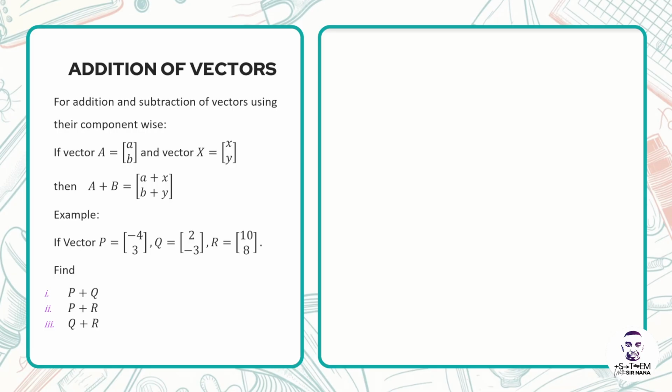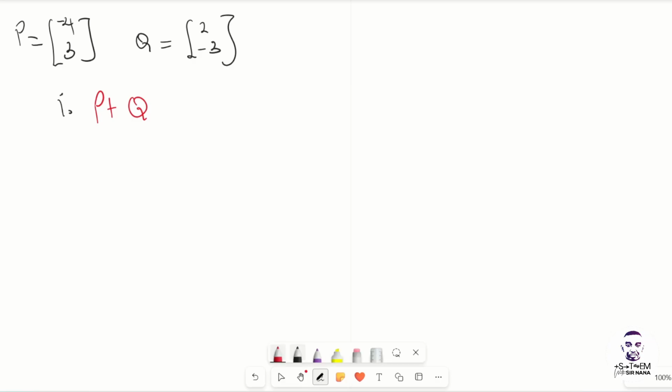Now first, we are asked to find P plus Q. So we have our P and our Q, so we just need to add them. So what this implies is that we'll have our P, which is -4 and then 3, plus our Q, which is 2 and then -3.